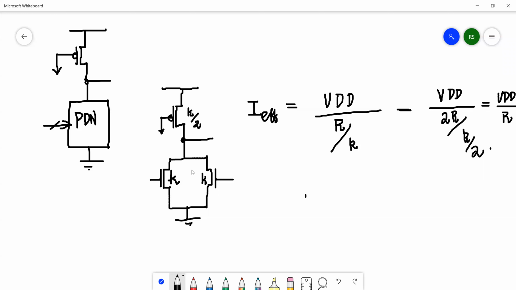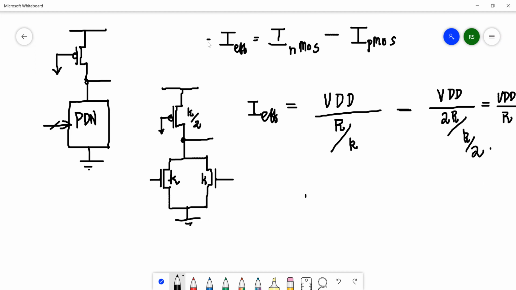Excuse me, sir. Can you explain how you wrote the expression for I effective once again? So I effective is equal to I NMOS, which is discharging the node, minus I PMOS. What is the meaning of I effective?